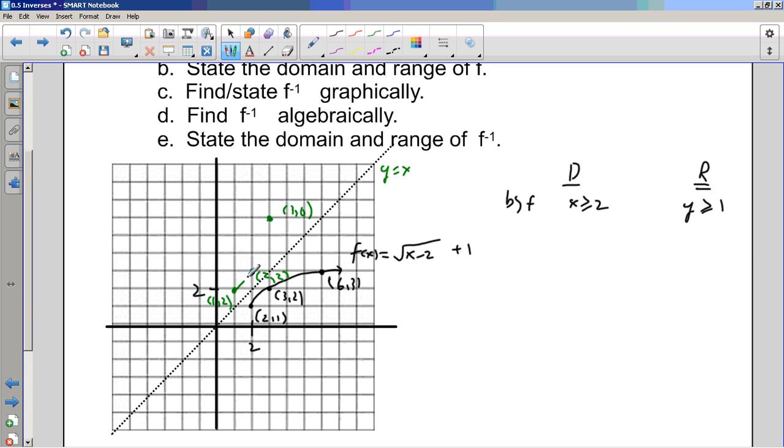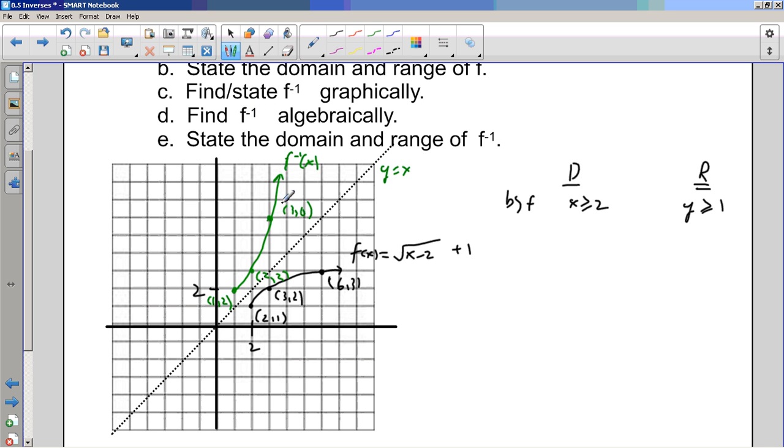And I see there's the inverse graphically. And in a second, we're going to actually get the formula for the inverse algebraically.